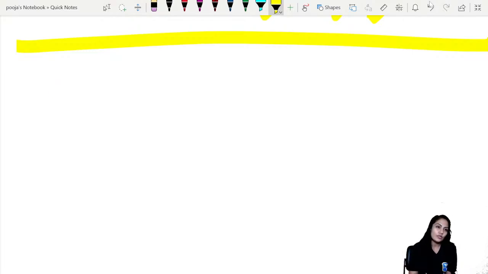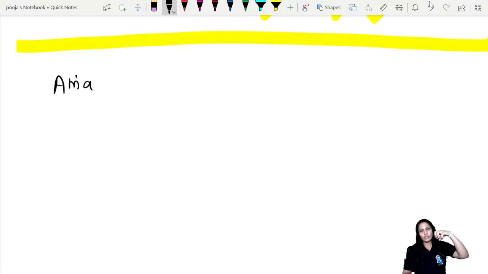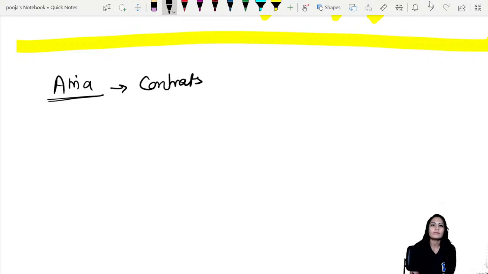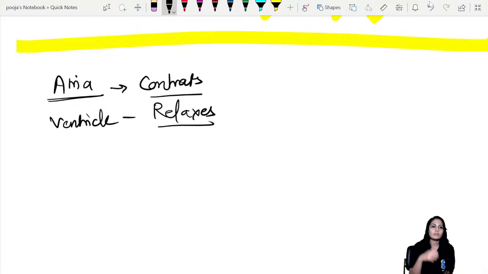Whenever the atria contract, the ventricle must be relaxing, because I told you that when atria contract, ventricles relax, and when ventricles contract, atria relax. This process is going on, right? So both do not contract at the same time. That's the difference. Whenever the atria contract, the ventricle relaxes.